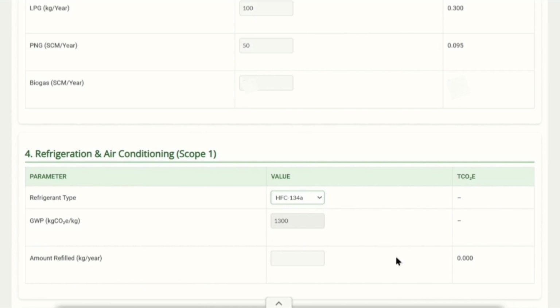You then enter the amount refilled in kg per year. Let's say 5 kg per year. The tool will calculate the total refrigerant emission in ton CO2 equivalent using the formula: emission is equal to GWP times quantity refilled. This section accounts for fugitive emission, a major contributor to scope 1 emissions.